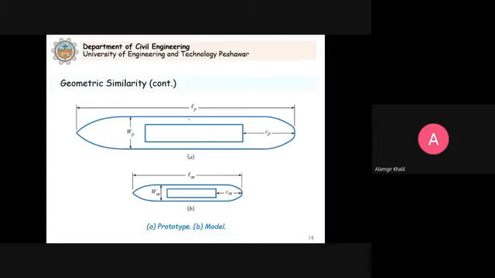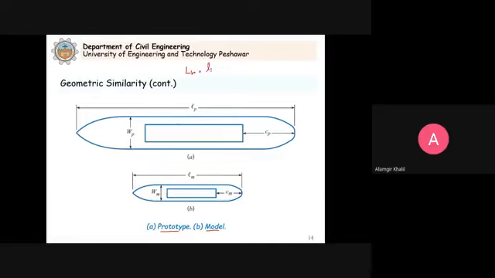You can see here that in part A of the figure we see the prototype, and in part B we see the model. So now in this case, if you want to write down the length scale ratio, this will be equal to LR. That will be equal to, for example, in here you take the dimensions.